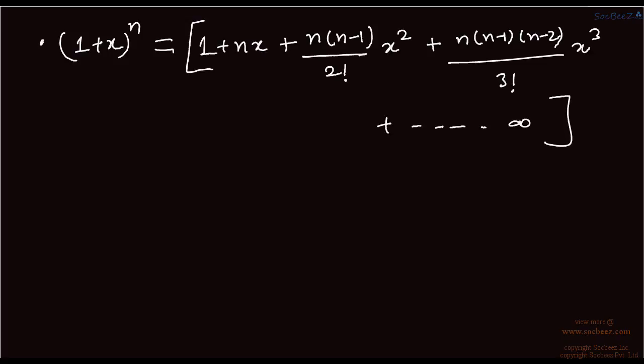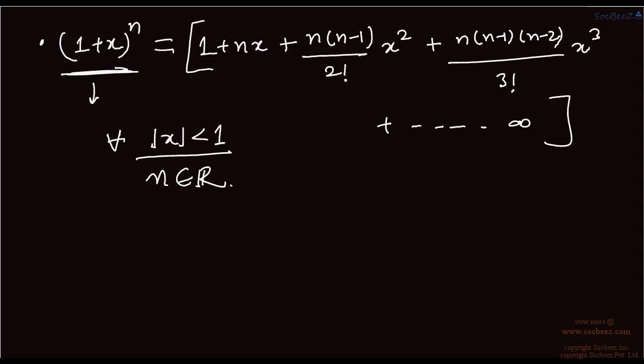This is the expansion for the (1 plus x) to the power n series. Okay, and here for all mod x less than 1, x is between minus 1 and 1, not including 1 and minus 1. You cannot include 1 and minus 1 in here. And n belongs to R here.